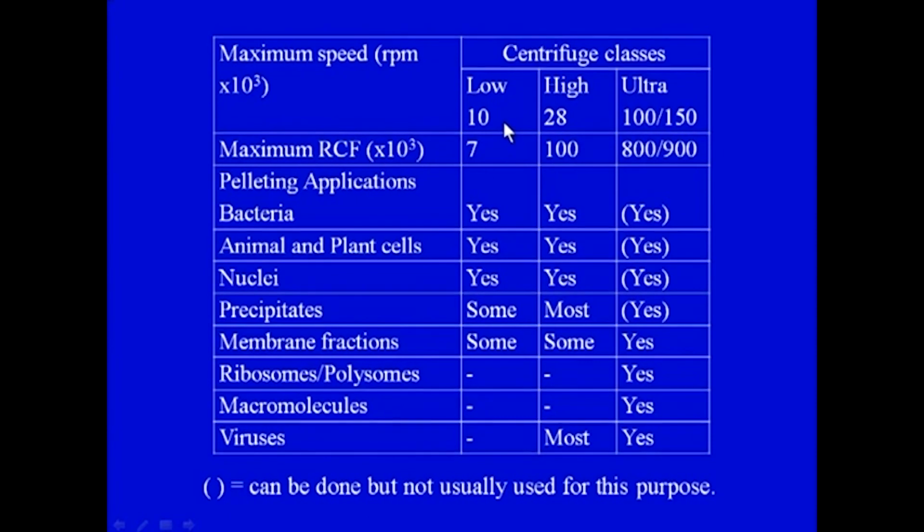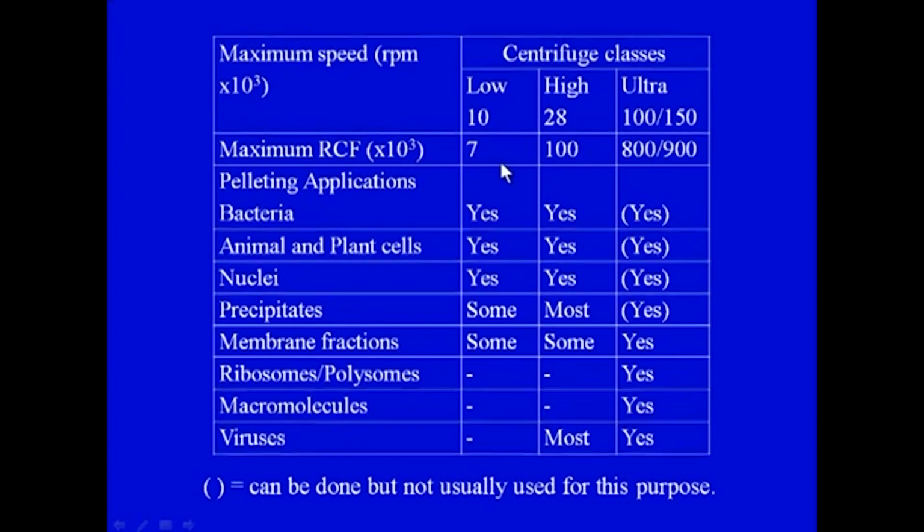Low speed centrifuges will have around 10,000 revolutions per minute, high speed will have about 28,000 revolutions per minute. These are approximate values, and an ultracentrifuge will have say 100,000 revolutions per minute. The corresponding RCF values are also given here, approximately 7,000 G, 100,000 G and 800,000 G.